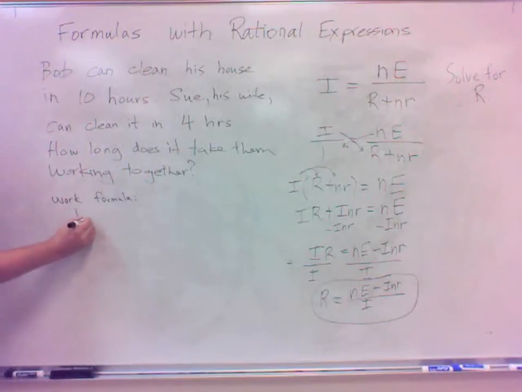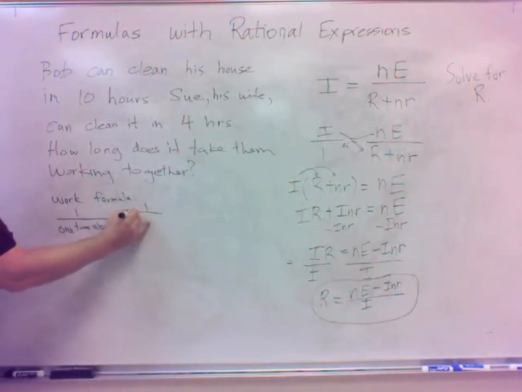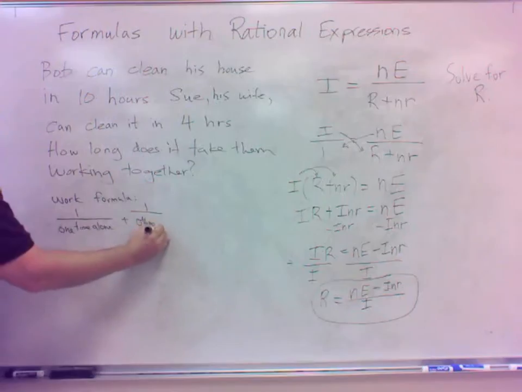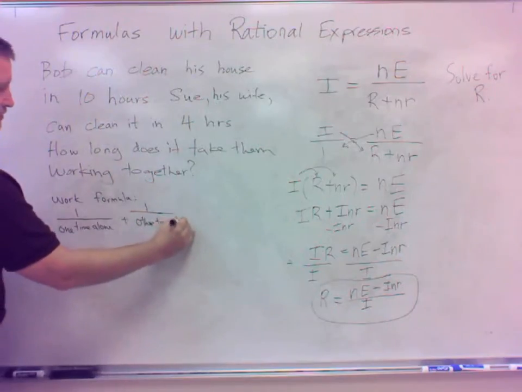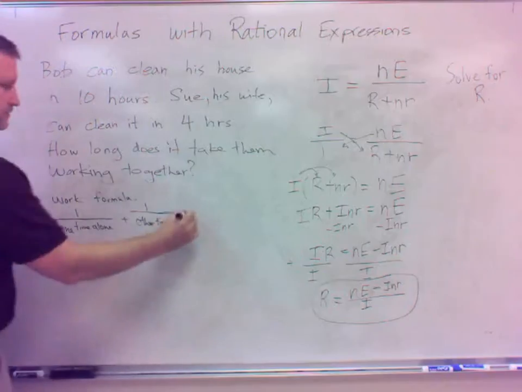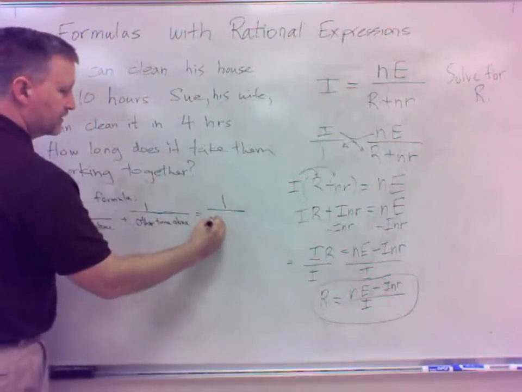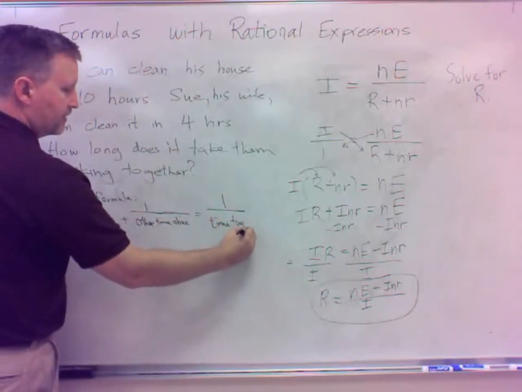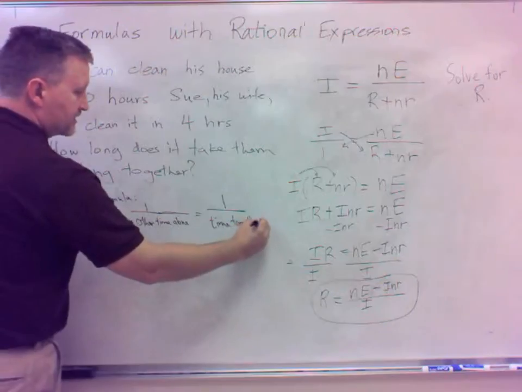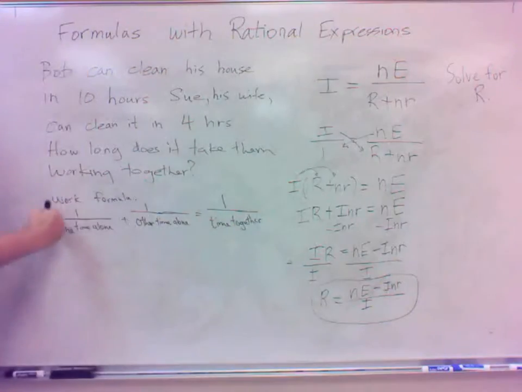If you take 1 over one of the times alone, add to that 1 over the other time working alone, that's going to equal 1 over time together. It's kind of a rate comparison. Rate plus rate equals rate together. It's kind of the idea.